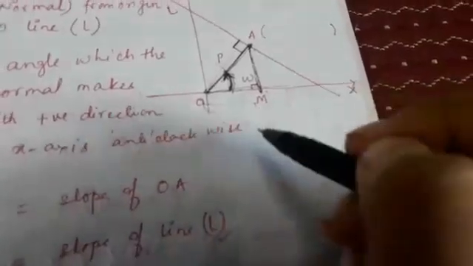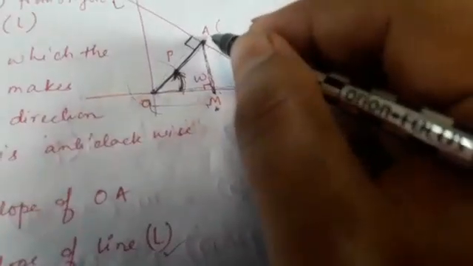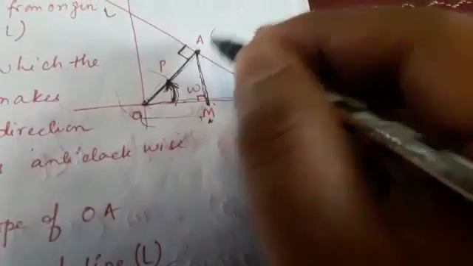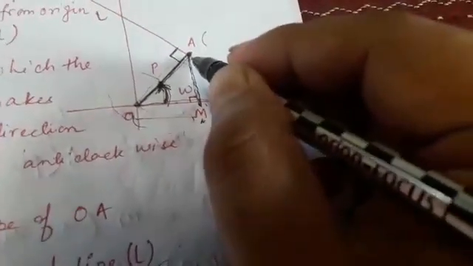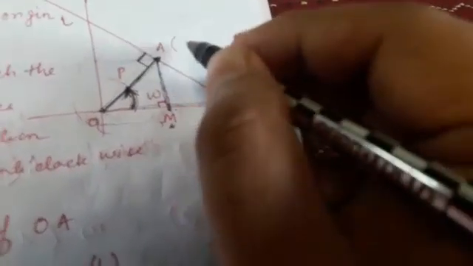Now, what is actually this OM? This OM is nothing but the x coordinate of this point A. Suppose a point is over here, and on the x-axis it is 3, and on the y-axis it is 2. Then you write the coordinates of this point A as (3, 2).